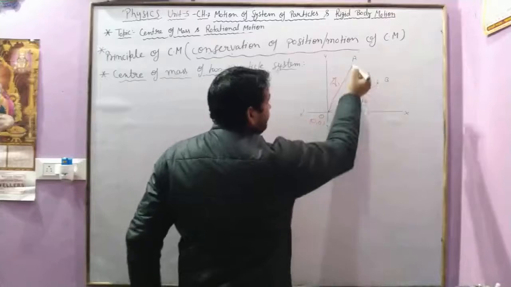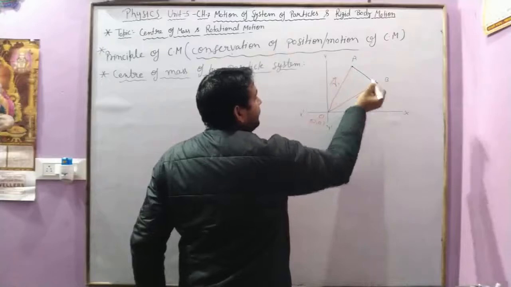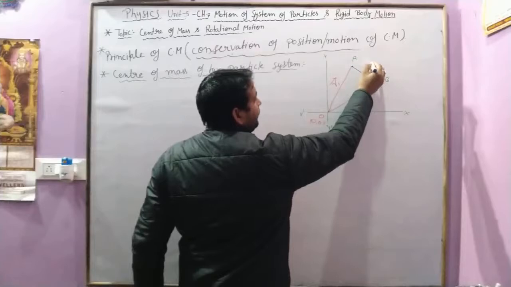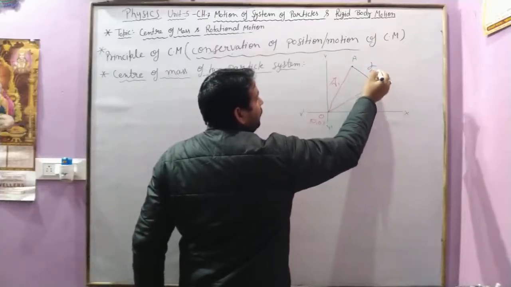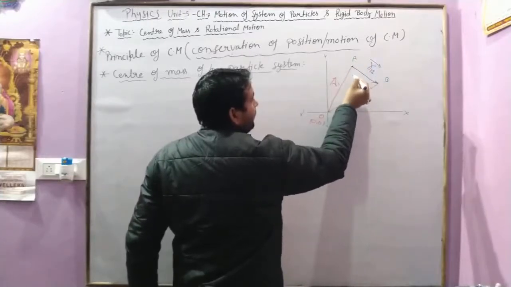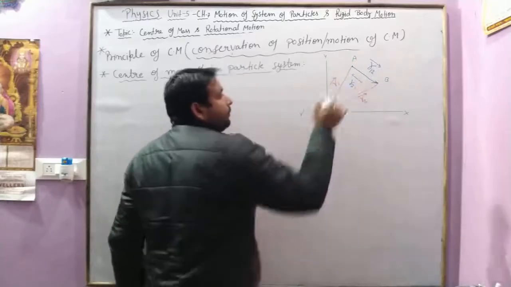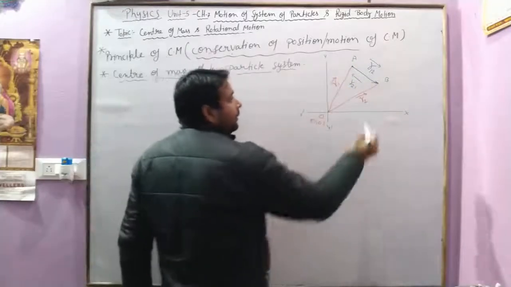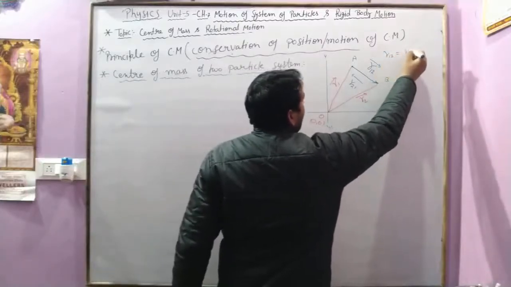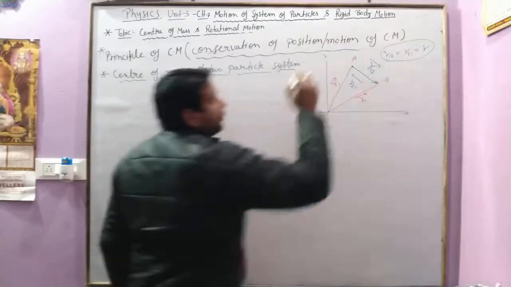Therefore this is the distance between particles A and B: R12 towards A to B and R21 towards B to A, and simply we call R12 equal to R21 equal to R in distance form.